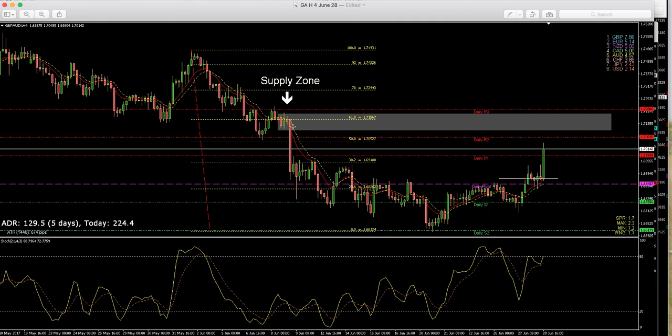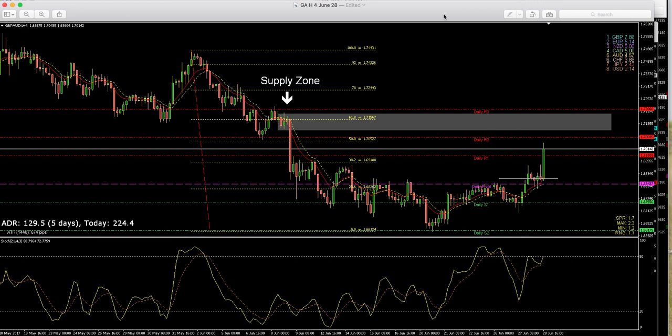Somewhere in here I'm expecting a larger pullback, maybe down to the range of 50% from this bottom to wherever this hits here. So it could come back quite a distance.